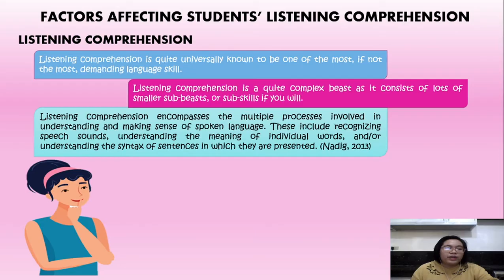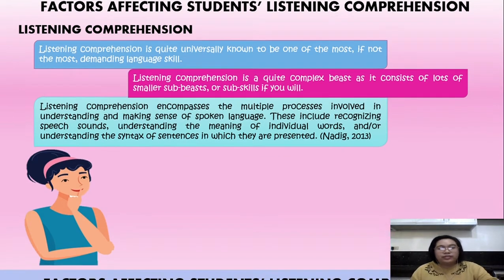So listening comprehension entails various processes in understanding what we have heard. It involves sub-skills such as recognizing speech sounds, meaning of individual words, and understanding the syntax of sentences, or how words are combined to form sentences.